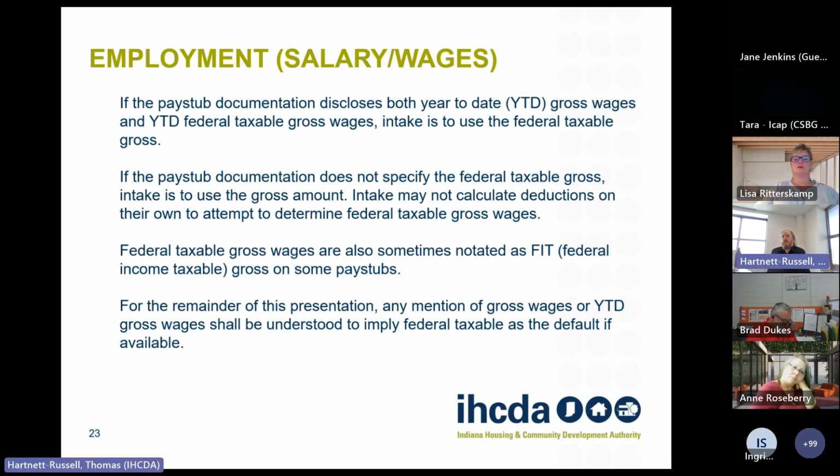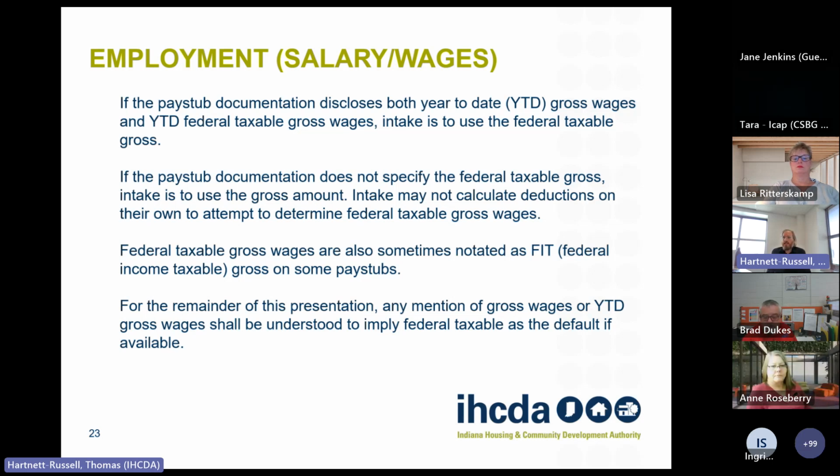If the pay stub documentation discloses both year-to-date gross wages and year-to-date federal taxable gross wages, then intake is to use the federal taxable gross. However, if the pay stub documentation does not specify federal taxable gross, intake is to use the gross amount.